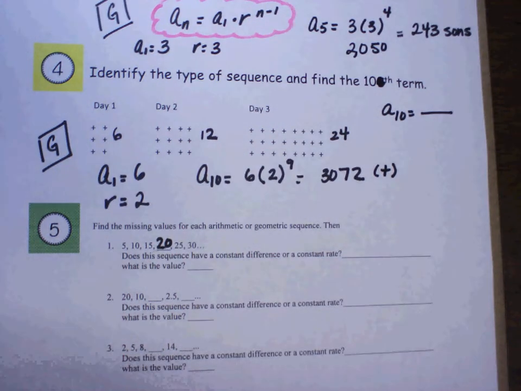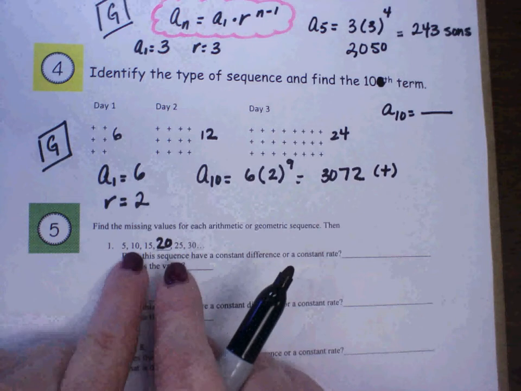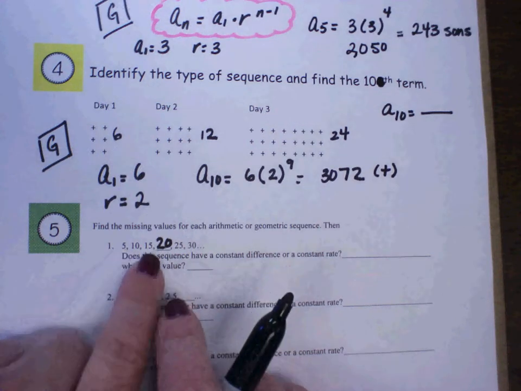So you're adding 5. It's a constant difference. Correct? So the difference is 10 minus 5 is 5. 15 minus 10 is 5. 20 minus 15 is 5.